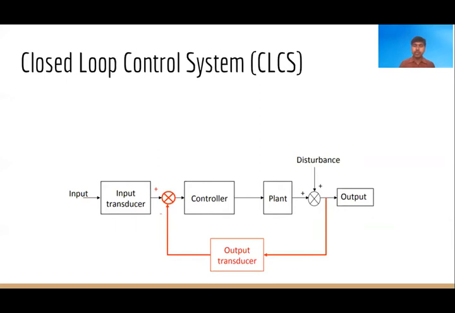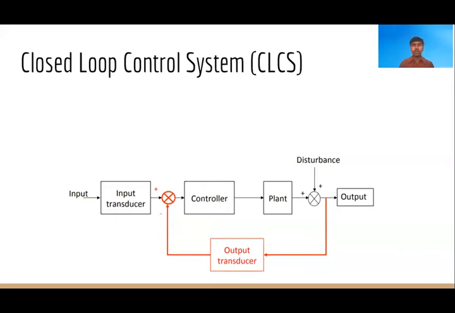This disturbed output is again fed back to the controller through the transducer, because the output may be in a different form with respect to the controller input or the reference input. Therefore, a transducer converts this output again into a suitable form to compare with the reference input. Therefore, the error signal will be generated for the controller.